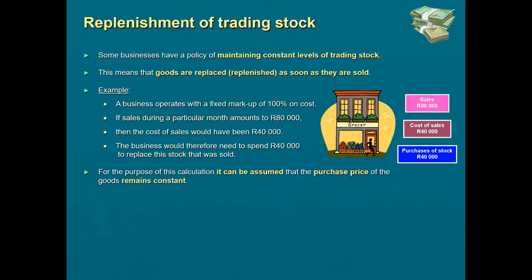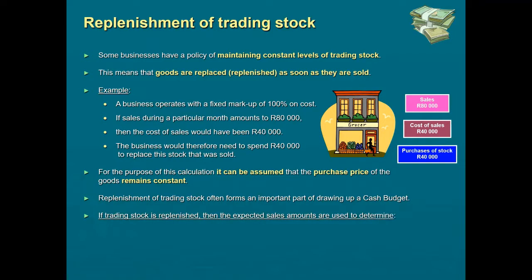For the purpose of this calculation, it can be assumed that the purchase price of the goods remains constant. Replenishment of trading stock often forms an important part of drawing up a cash budget. If trading stock is replenished, then expected sales amounts are used to determine the estimated purchase of stock and the payments to creditors.